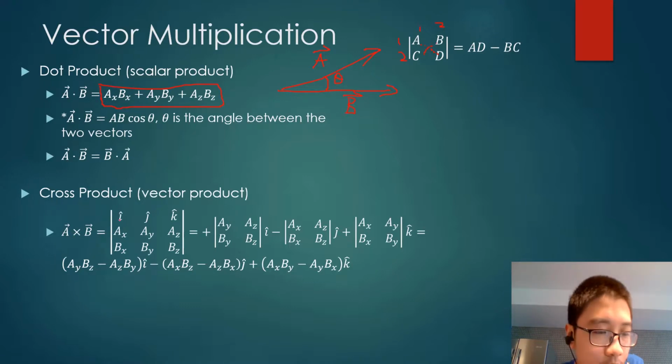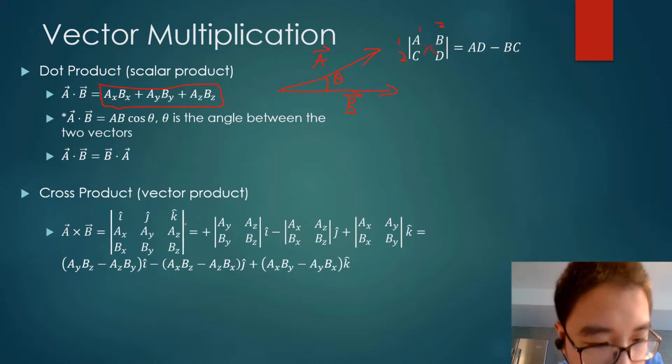Now, because we are in 3 dimensions, typically we evaluate a 3 by 3 matrix here. A cross B is equal to the determinant of a 3 by 3 matrix formed by the 3 unit vectors and the 3 components of each vector. So let's calculate the determinant of this 3 by 3 matrix.